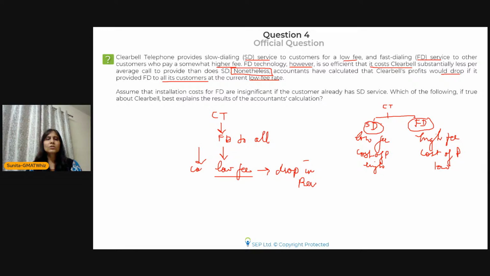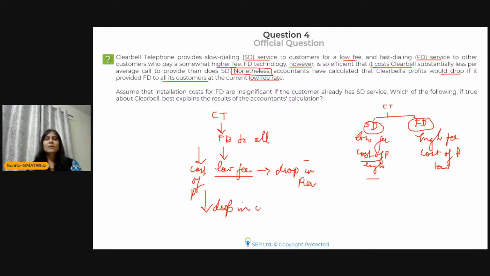Cost of production, we know, is also going to drop. SD was costlier. SD, the cost of production was high. Now they are providing FD in cost.